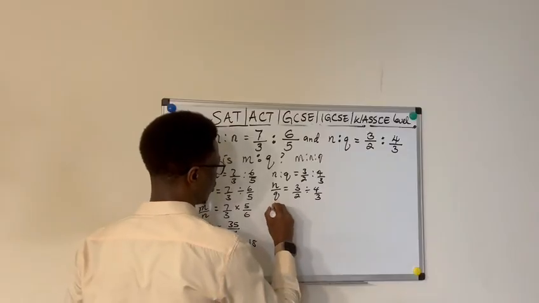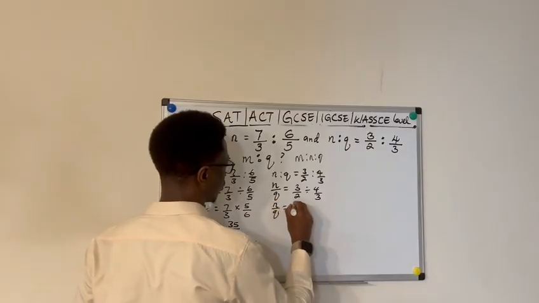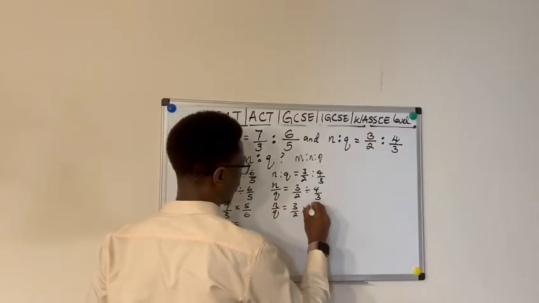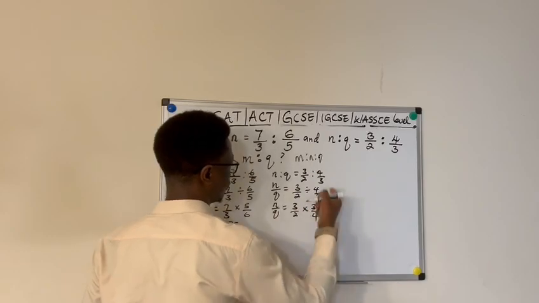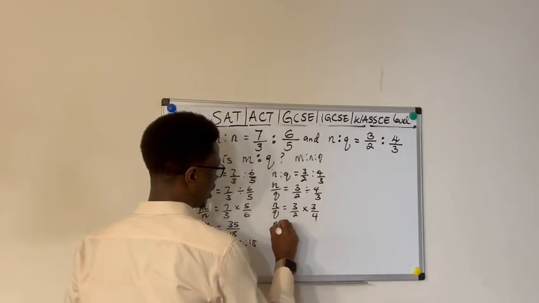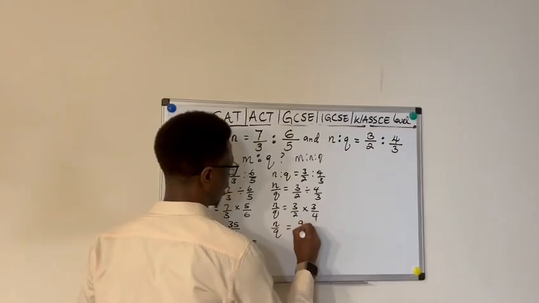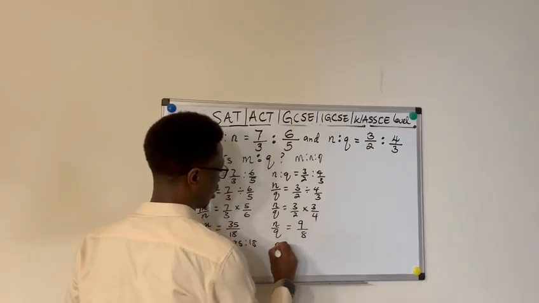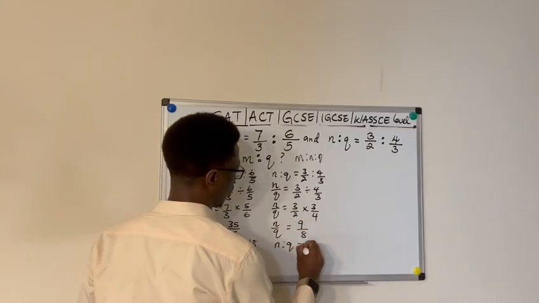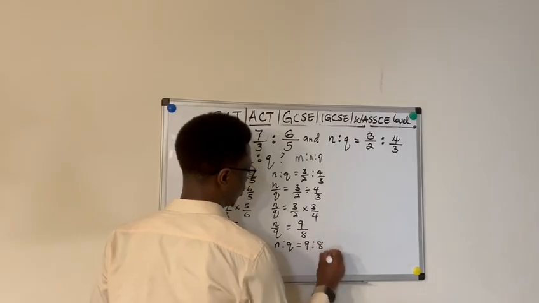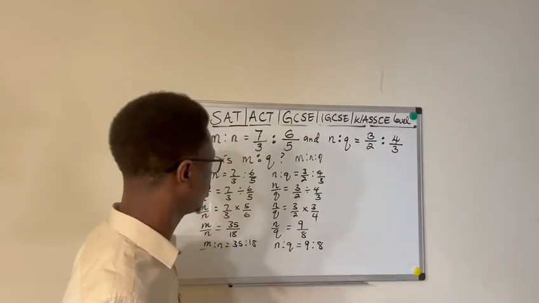So this becomes n/q equals 3/2 multiplied by 3/4. So n/q equals 9/8. Therefore n is to q equals 9:8.